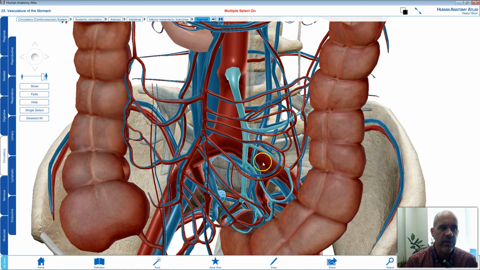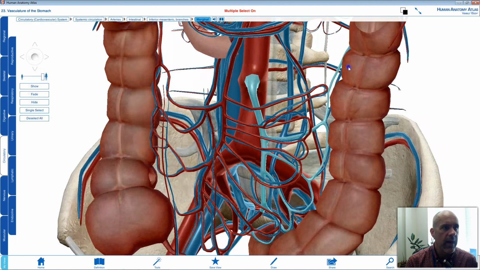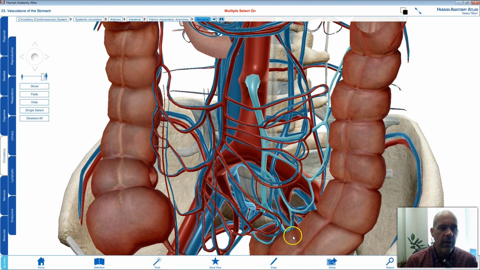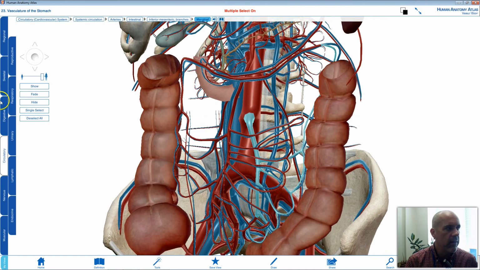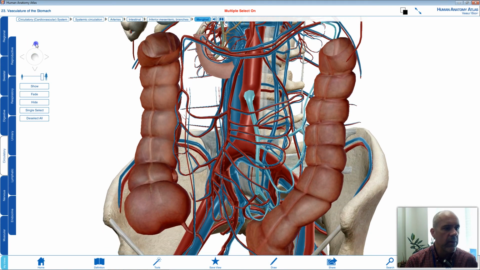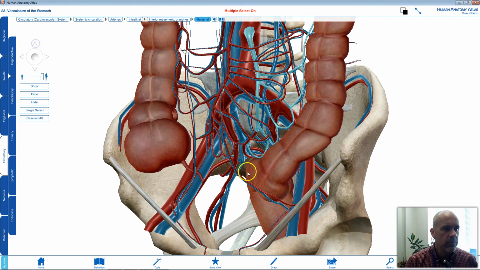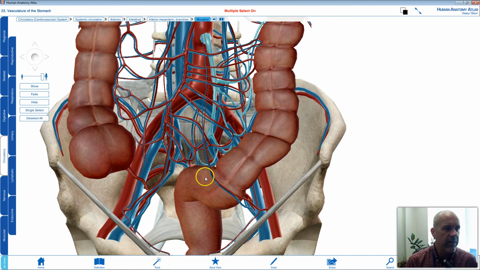Those are all branches of the inferior mesenteric artery that are heading over here to supply oxygenated blood to the descending colon, and then that descending colon wraps around, makes this little zigzag and becomes the rectum. And so the oxygenated blood for these portions of the colon and the rectum come from that inferior mesenteric artery.